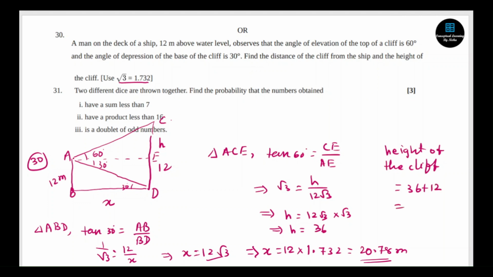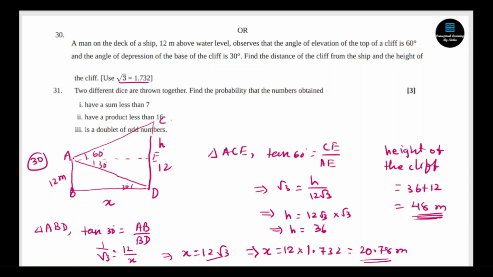Don't forget to add this, because if you write 36, that's not the correct answer. It is 48 meter. And write the final answer properly. So height of the cliff is this many meters and the distance between cliff and ship is 20.78 meters.